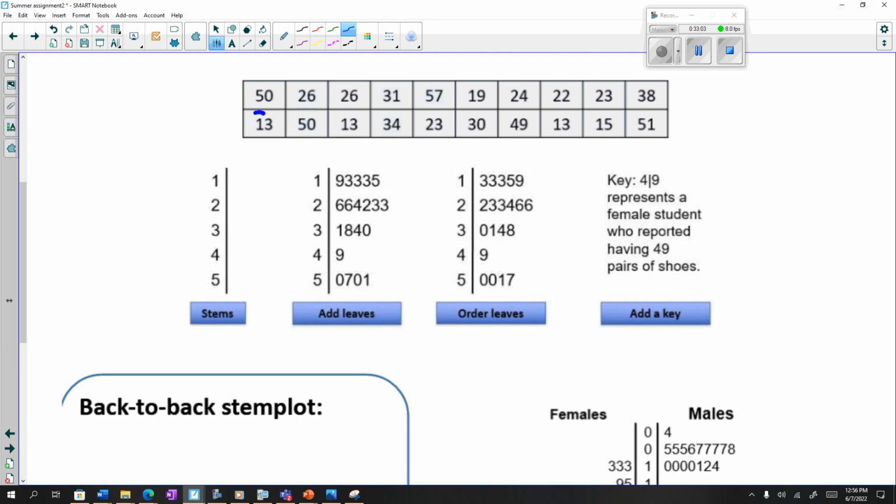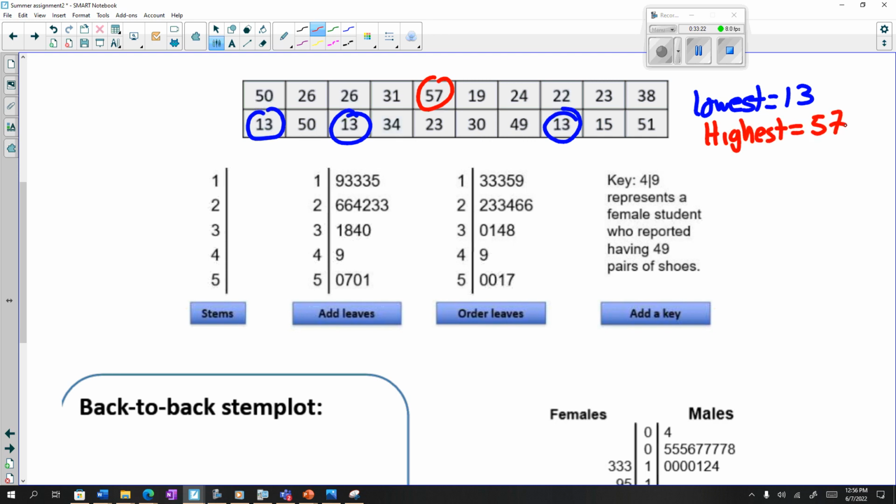You could see that the lowest number we see is 13. There are actually three 13s here. So it looks like the lowest number is 13, and the highest number is 57. So when you do your stem and leaf, the stem is going to be the 1 and the 5, and that's going to go on the left, 1 through 5, listed in order.